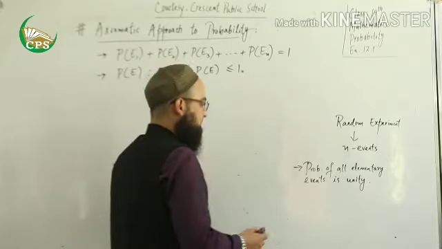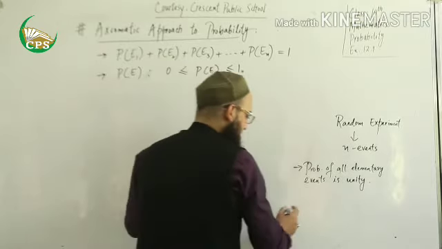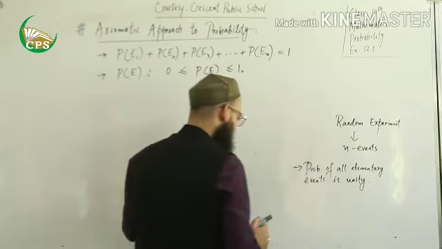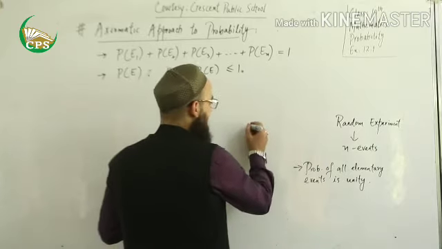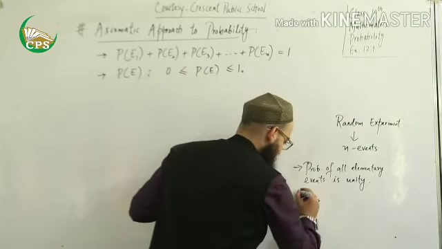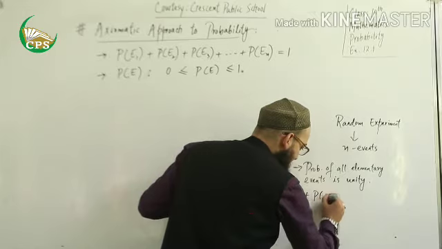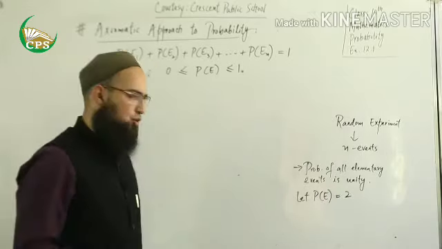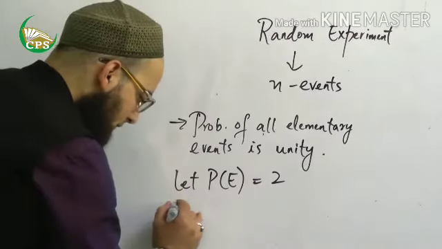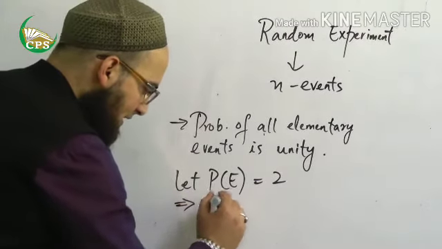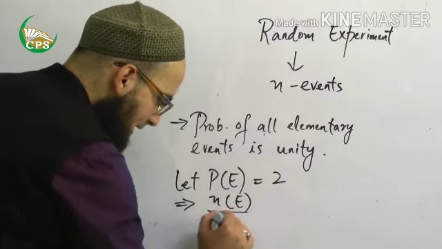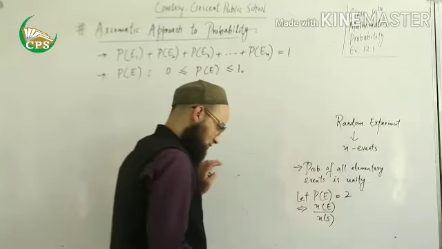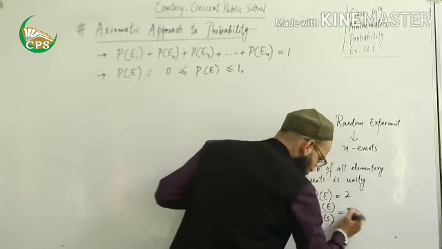Let us see how. Let us say the probability of some event is 2. The probability of an event is the number of favorable outcomes divided by the number of outcomes in the sample space, and it is equal to 2.